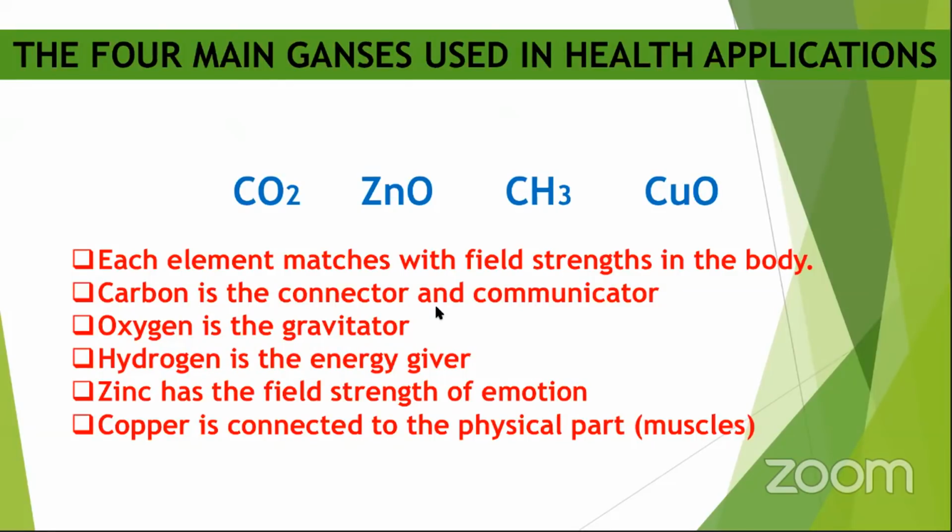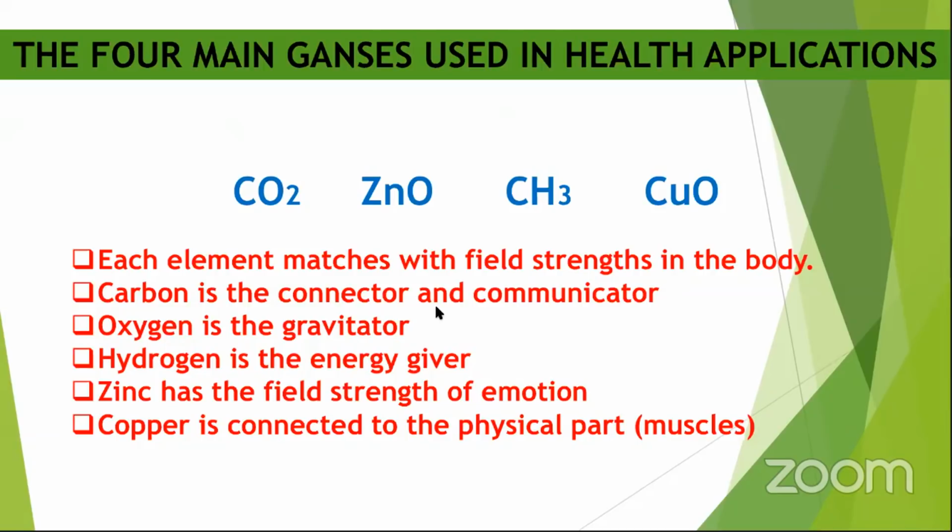The zinc has the field strength of emotions. You will understand in the future how to use this in all the patients. As you remember, we discussed how the emotions are involved in every disease. So we're going to use this element on every condition, every problem that a person has.